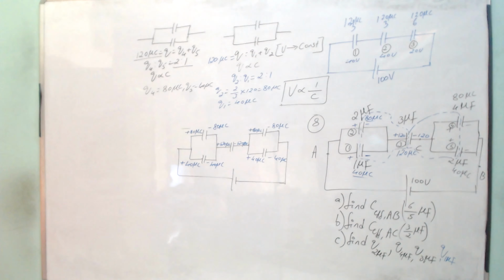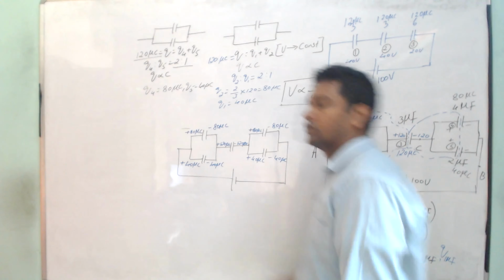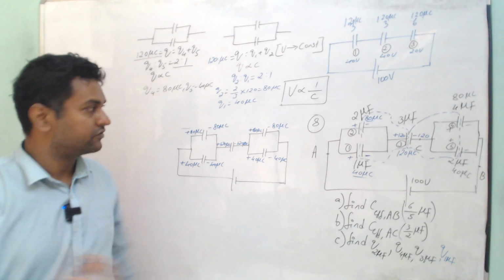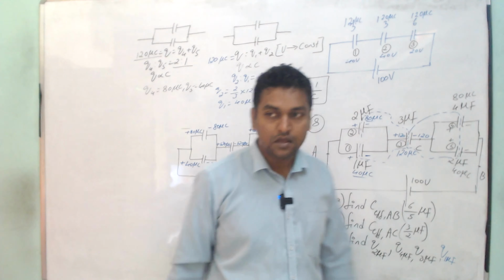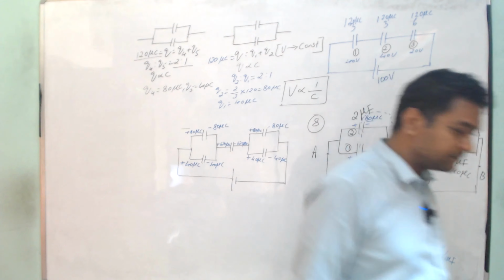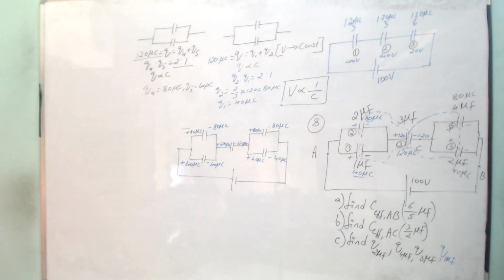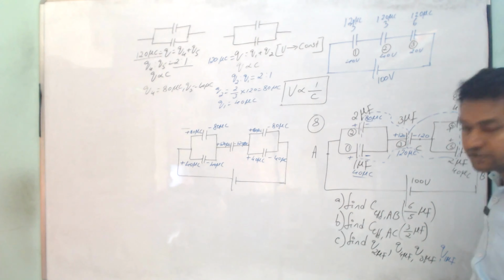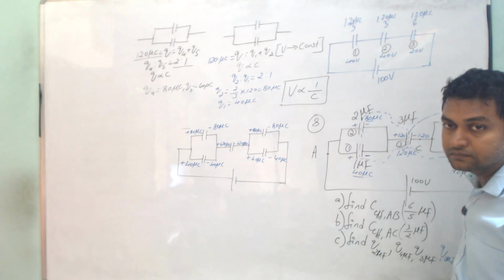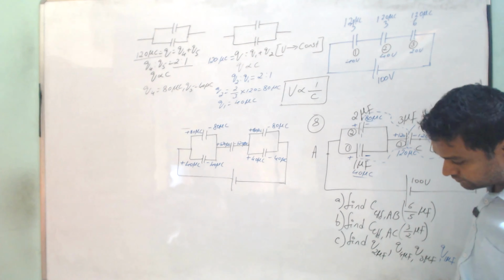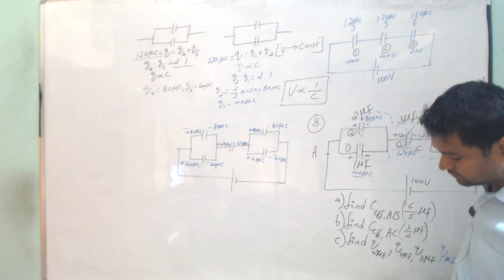Yes, sir. We will solve 2-3 problems if you want. Sir, I took it individually, like potential difference is same for parallel. I mean, we already got potential difference for everything, right, sir?